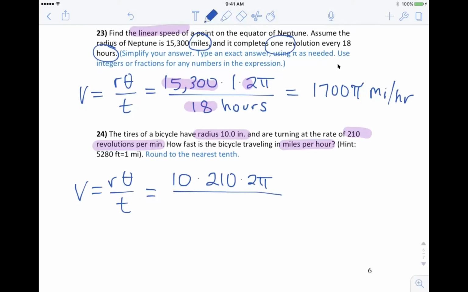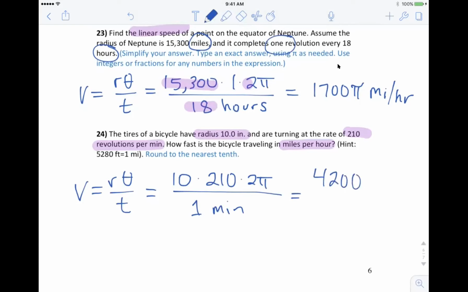I mean, notice the trend here on all these. When you're finding theta, because they're always giving you revolutions per unit time, just take the number of revolutions times 2 pi, and that's going to be theta. Okay, and then per minute, 1 minute down here. Okay, so if I calculate all that together, that looks like 4,200.